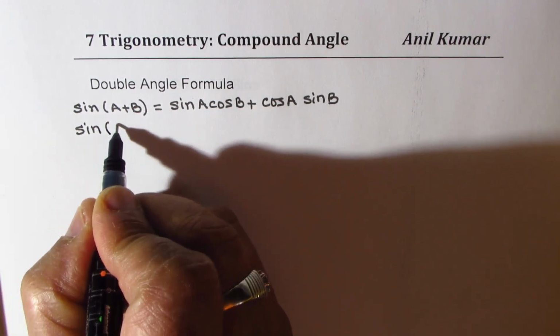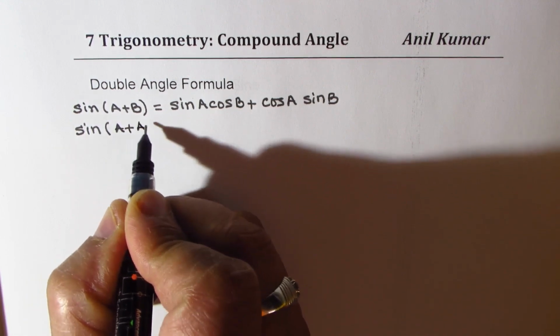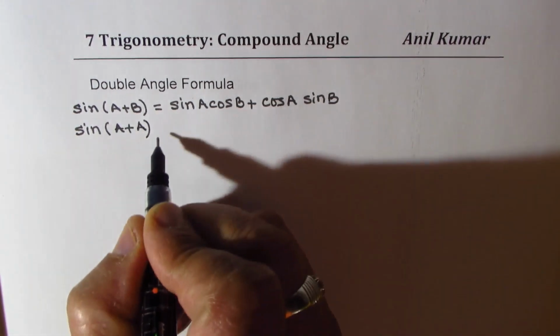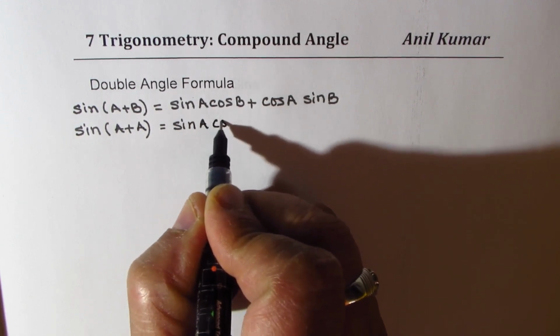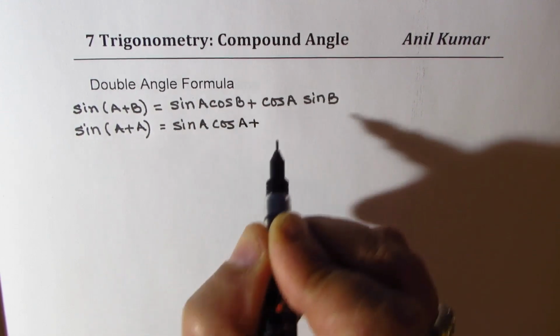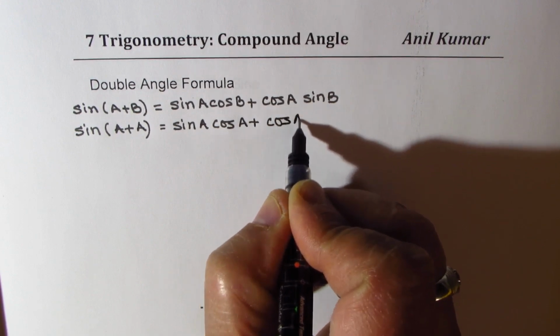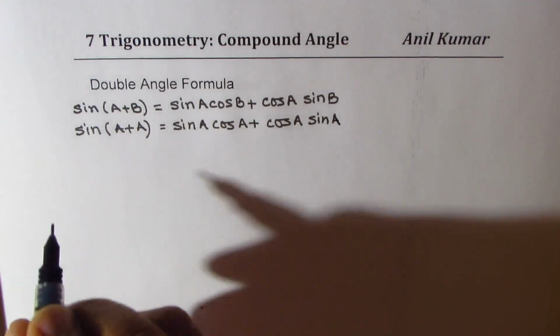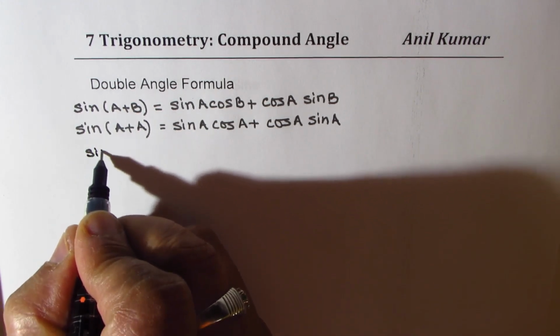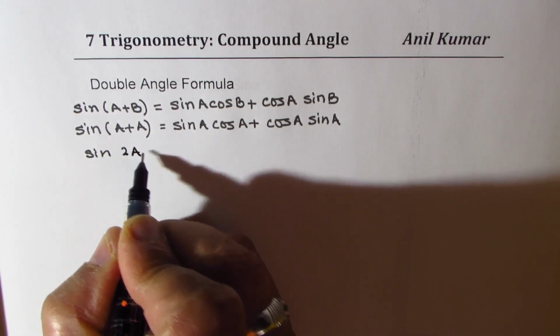I get sine of A plus A, right? So I'm replacing B with A. I get sine A cos A plus cos A sine A. So that gives us the double angle formula.